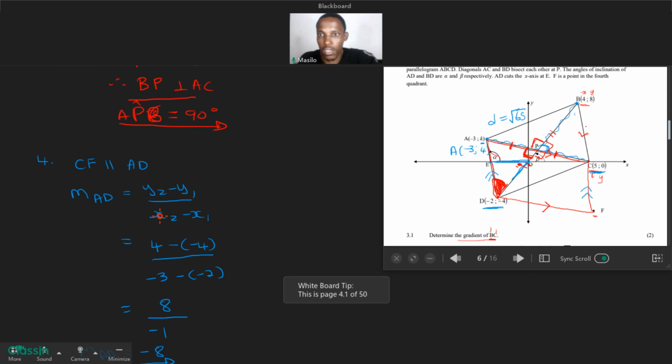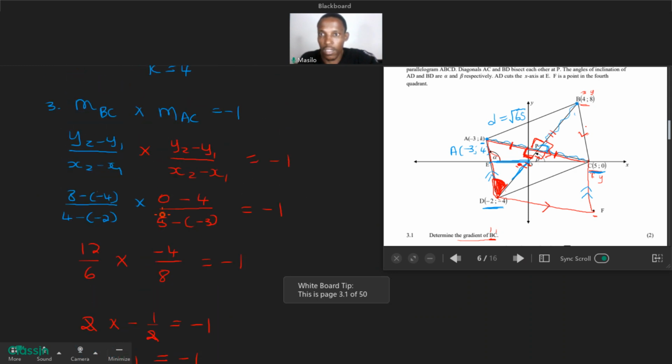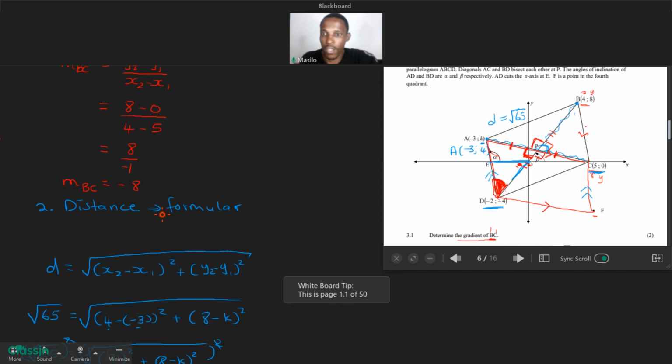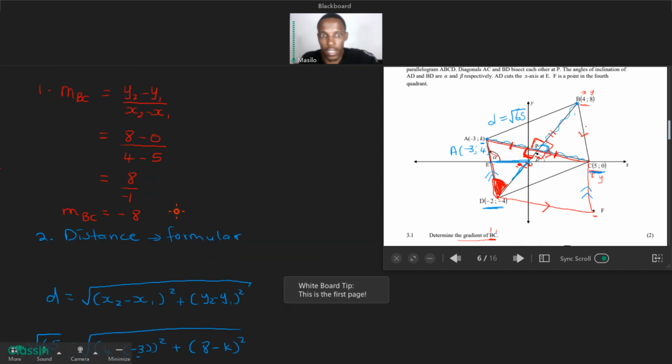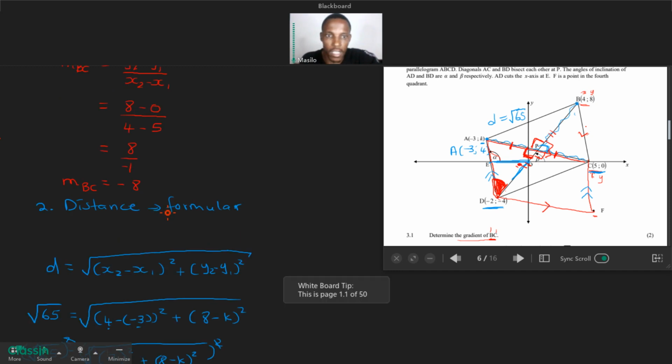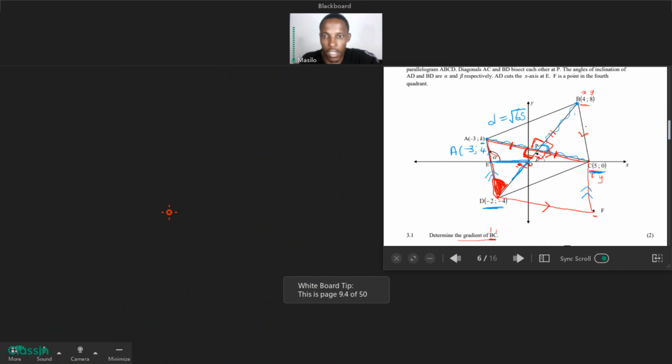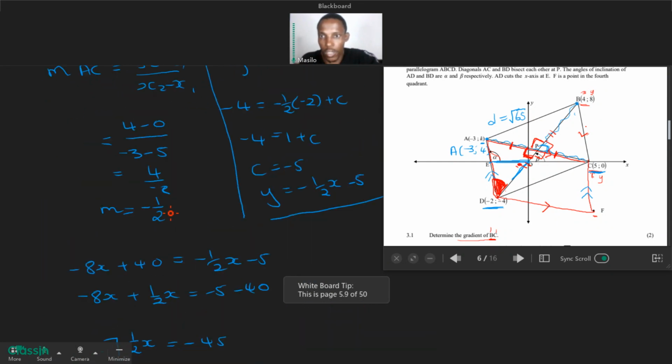Line BD. Yes, our line BD, because we got the gradient of line BC. So if BC is negative 8 and AD is also negative 8, I think it's one thing that we found here.